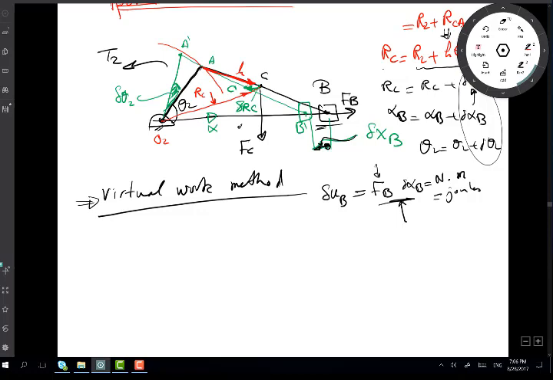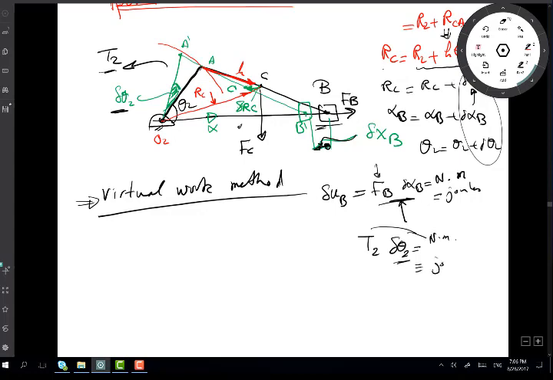Over here also, if I take the torque and multiply it by delta theta, torque is Newton meter and theta is dimensionless. Radians are not a dimension that we consider in engineering.